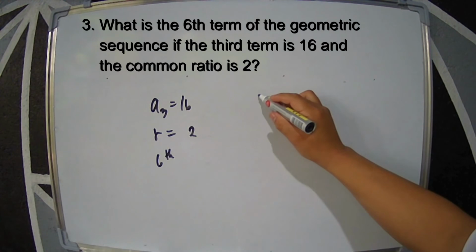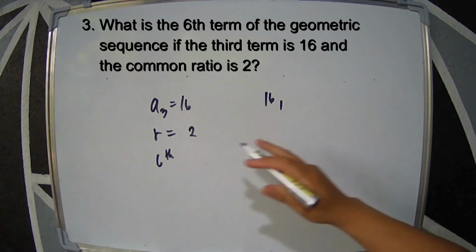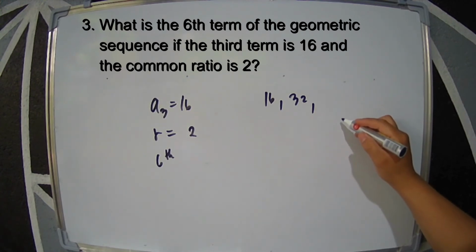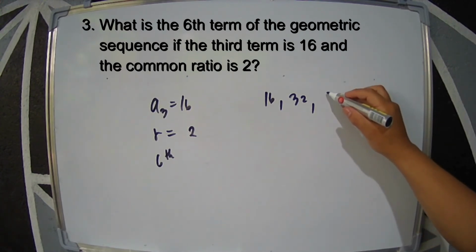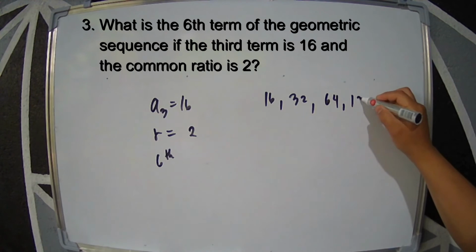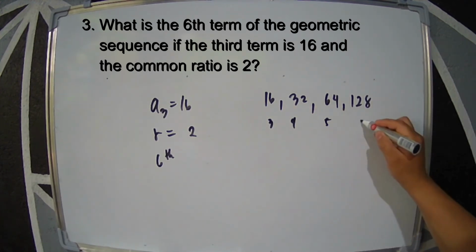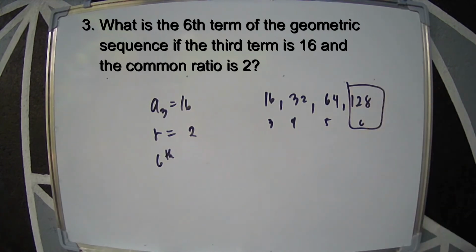So 16, since the common ratio is 2, multiply it by 2, that's 32, and then multiply it again by 2, that is 64, then 128. So this is third, fourth, fifth, sixth. So the sixth term is 128.